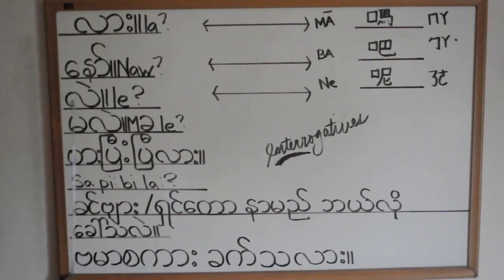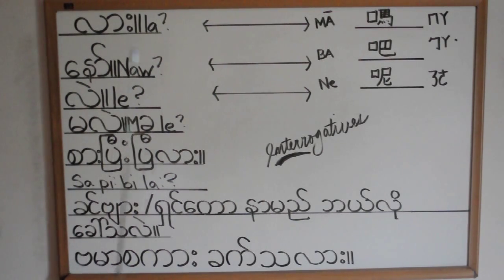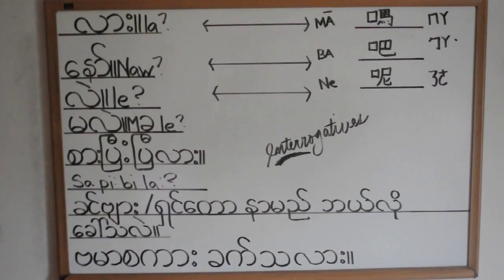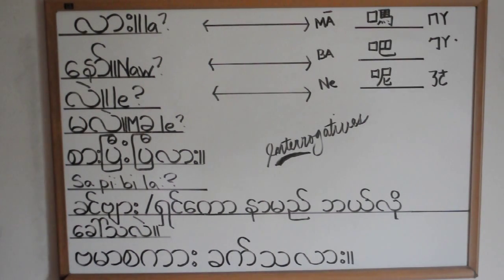The next one is le. Now le here, if I ask you a question and add le at the end, it's not a yes or no question. I'm looking for a variety of answers. If I ask you where are you from, you're not going to say yes or no. You could be from anywhere. I don't know where you're from, so I'm looking for various answers. That's the function of le here.